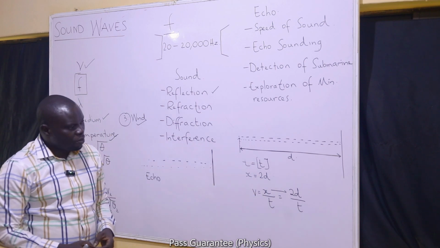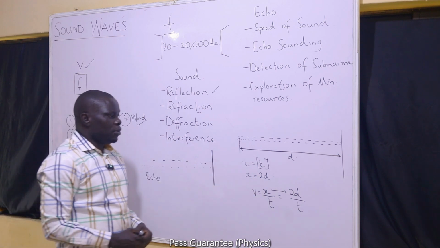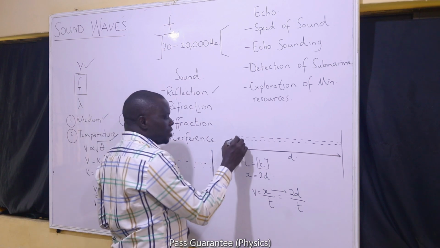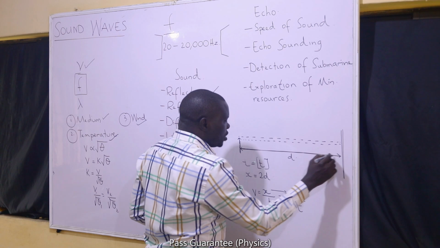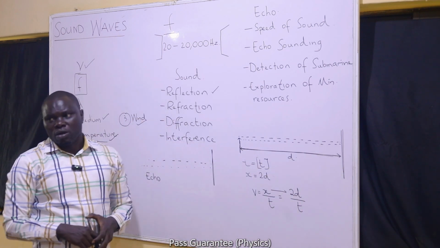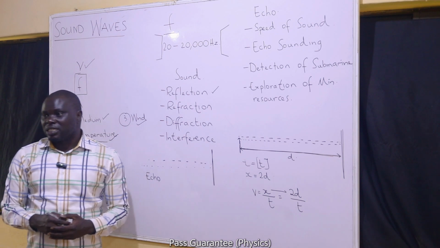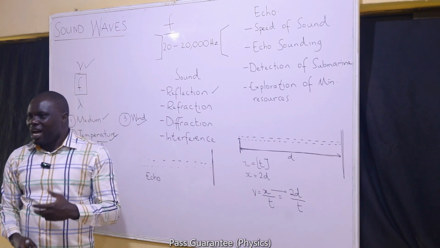But one precaution that I must take in doing this experiment is I must ensure that the distance between the man and the wall is large enough. If the distance is too small, the echo will not be observable. That is why most of the time when you are sitting in your own room of very small length and breadth, you hardly hear echo.